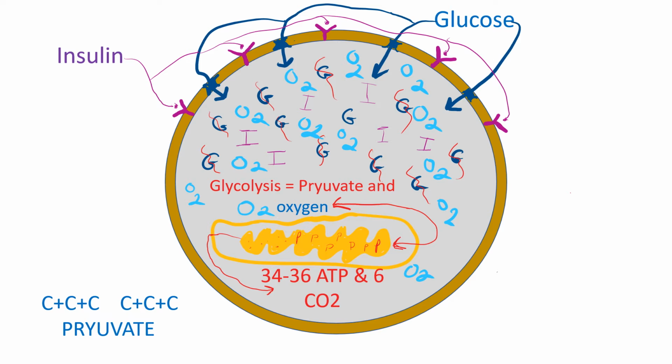Once inside the cell, the glucose molecule goes through a process of glycolysis, and glycolysis is an enzymatic reaction that causes the breakdown of the glucose molecule into 2 pyruvate molecules. Now, these pyruvate molecules, along with oxygen, are allowed to enter into a Krebs cycle where they produce ATP.